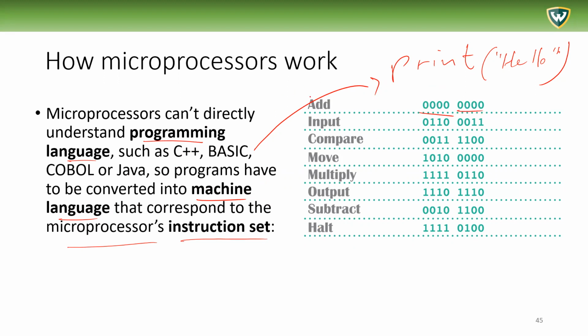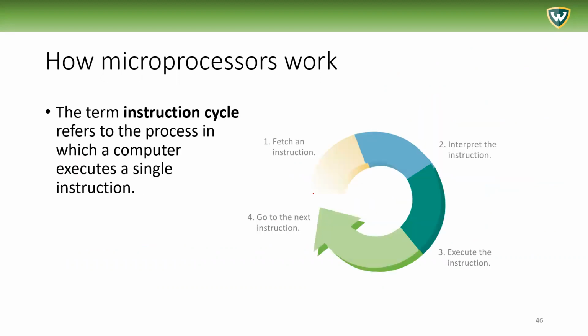But the microprocessor may have etched in it that, for example, when it sees 0, 0, 0, 0, 0, 0, 0, 0, this 1 byte of just zeros, what it does is add. If it sees this kind of binary data, it will do an input operation. If it sees this binary data, it would do a multiplication and so on.